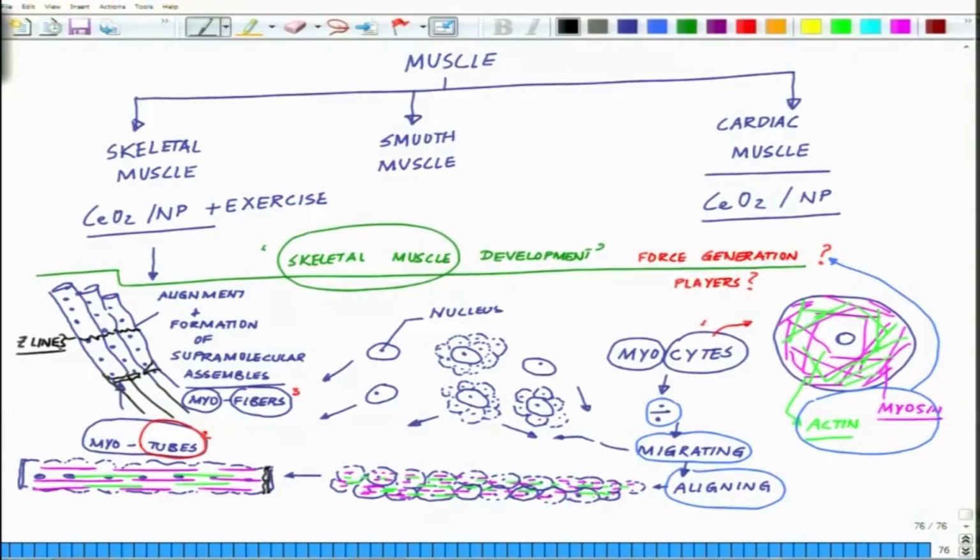Now, what you observe, I'll go a little slowly for you to realize, these actin myosin initially were randomly arranged, okay.